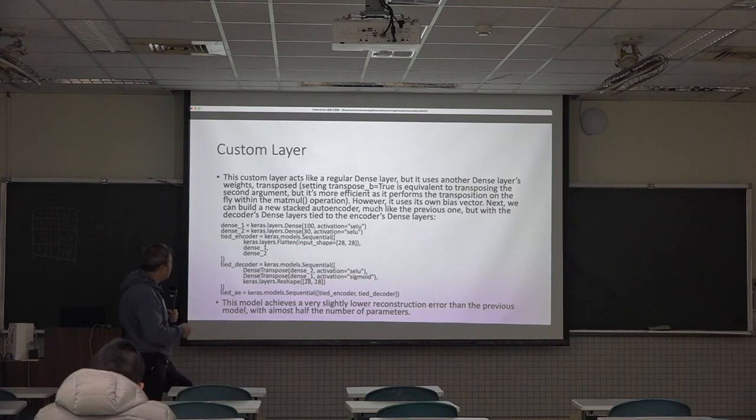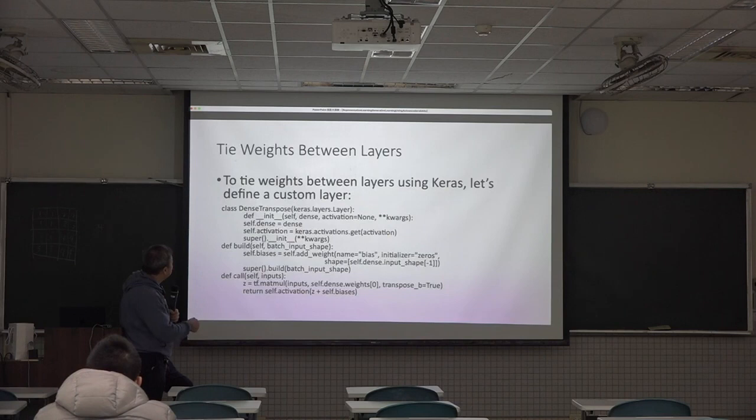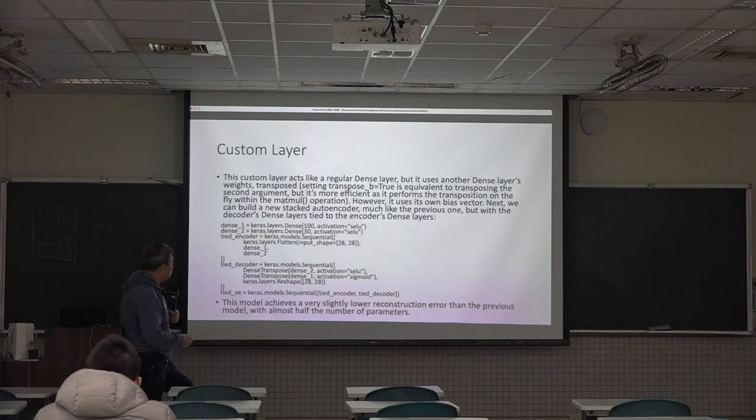This part is not much to talk about. Then in the decoder part, we use DenseTranspose. This DenseTranspose was defined here, right? So here we pass the dense 2 that is defined here.